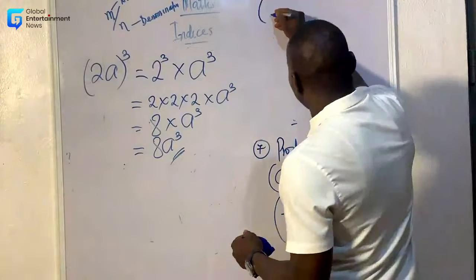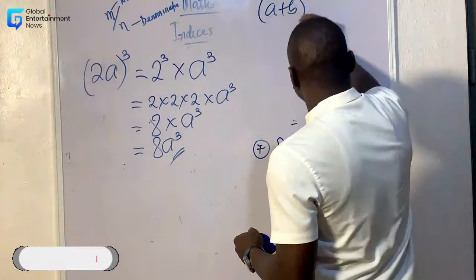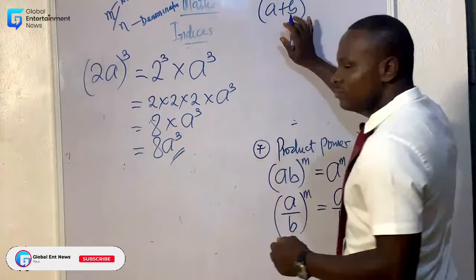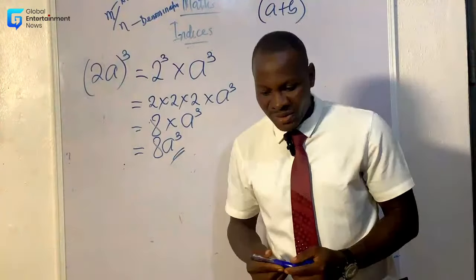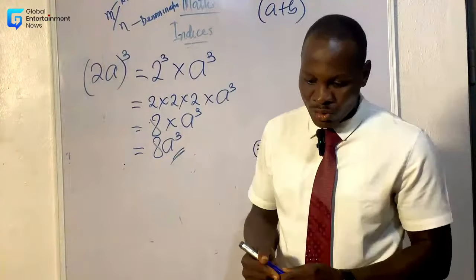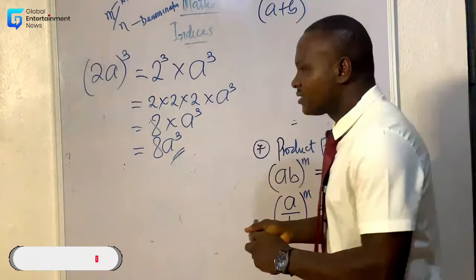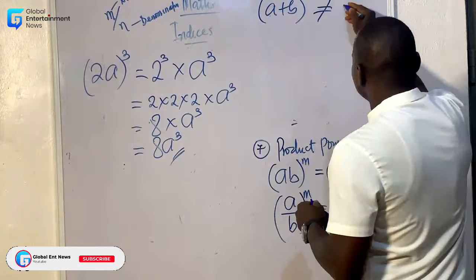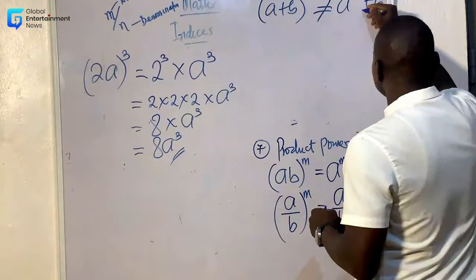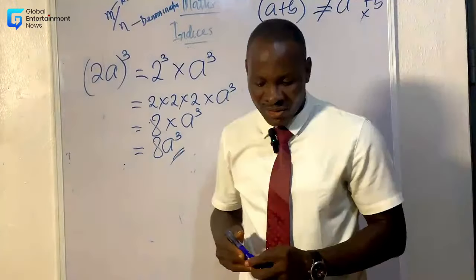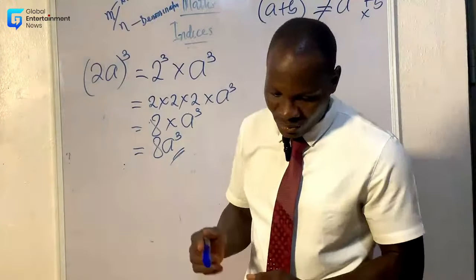For example, if you have A plus B all raised to power 2, this cannot work. It's not the same as A raised to power 2 plus B raised to power 2. This is wrong. Please take note of that.